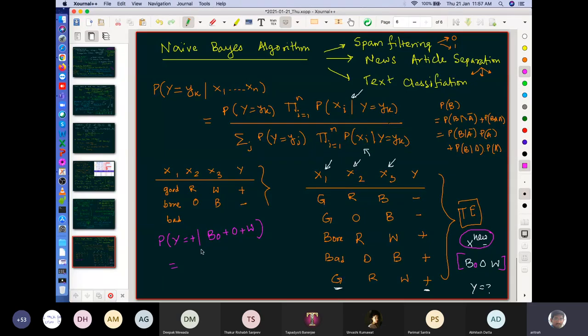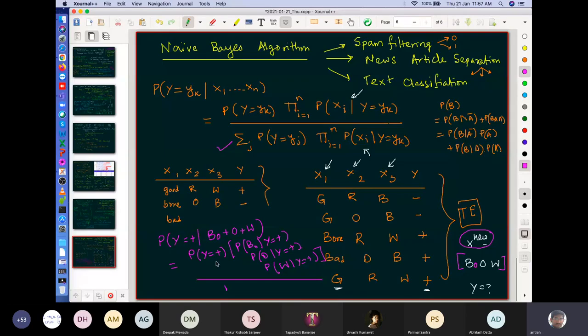So this is again using Bayes rule. You can see that this is the probability of Y equal to plus, into probability of O given Y equal to plus, into probability of W given Y equal to plus, divided by this sum.